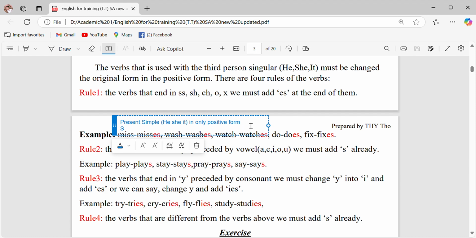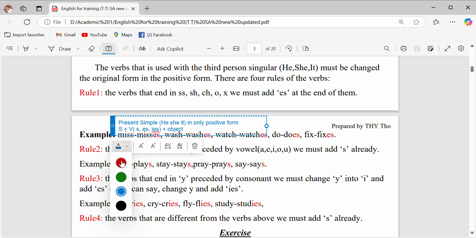The form is subject plus verb, and I already mentioned the verb could take s, es, or ies, and plus object. This is the form of the present simple he, she, it that I taught you already.